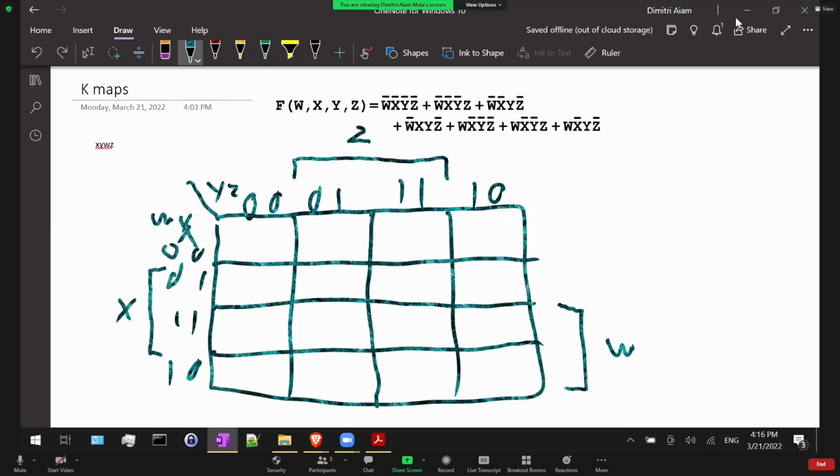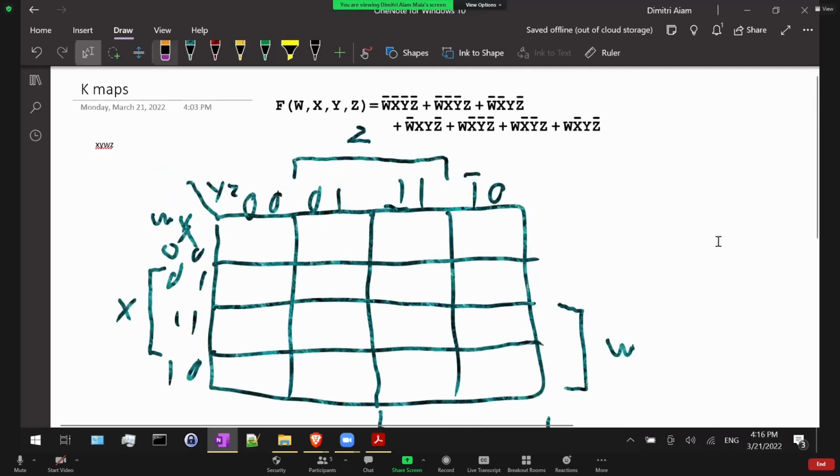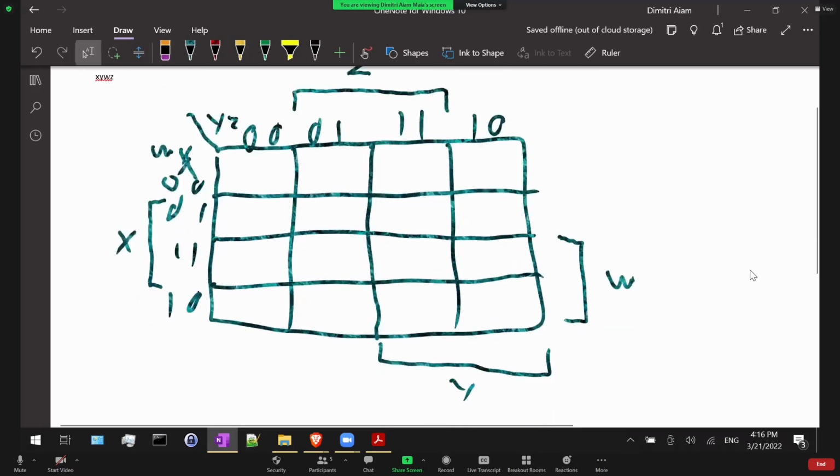Y over here is true and over here is true. So this over here is Y, okay? Does that make sense? So this is the mapping of X, W, Y, and Z.